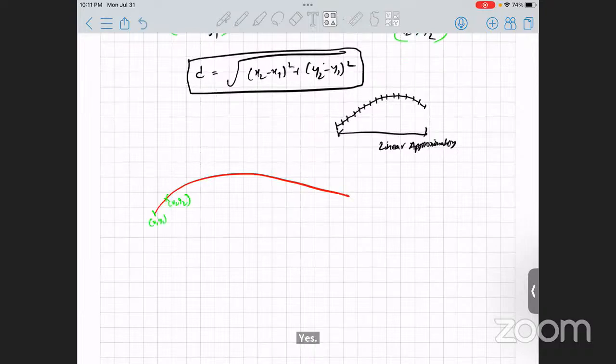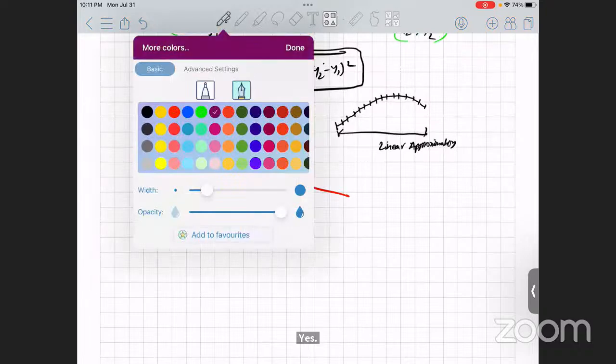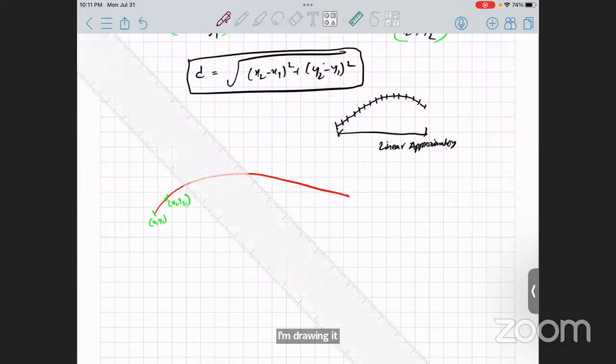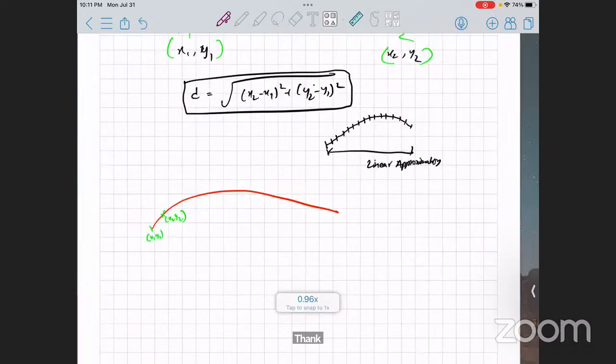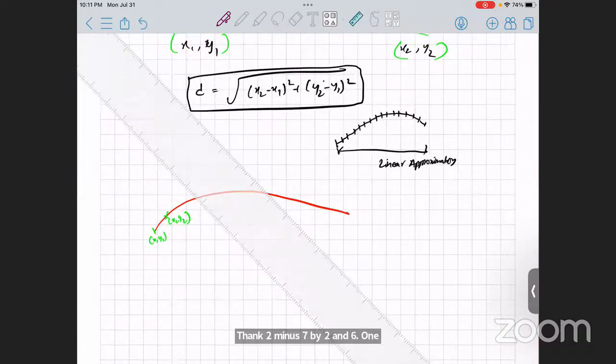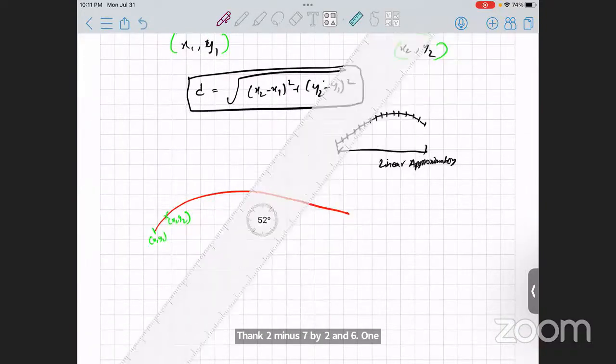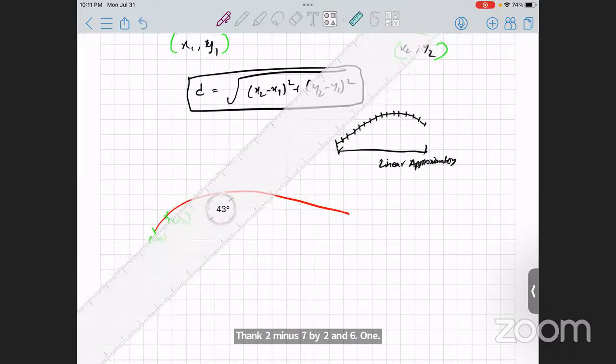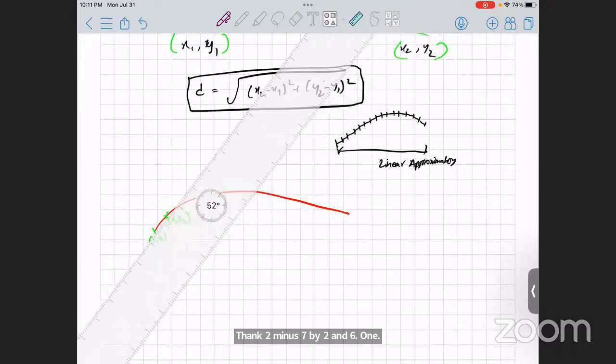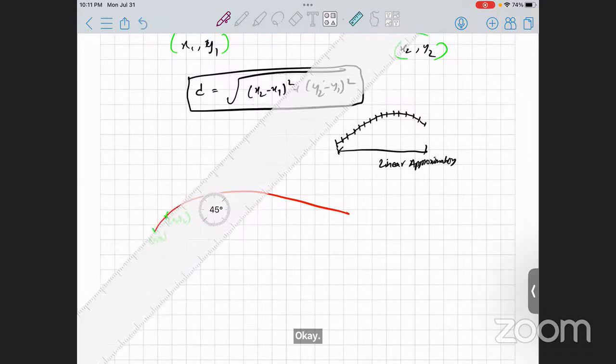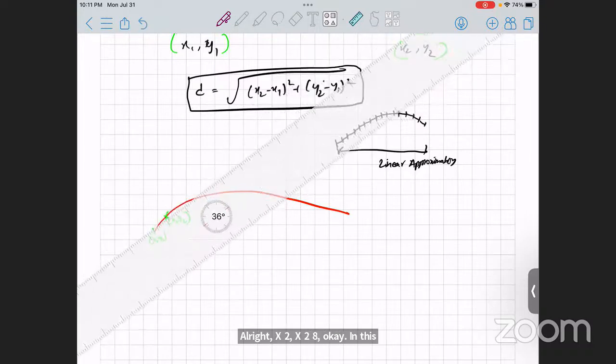Now, the tangent is a nice word, not a slope. I drew a tangent at x2, y2, in this way.